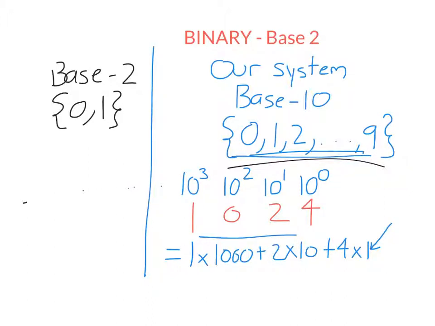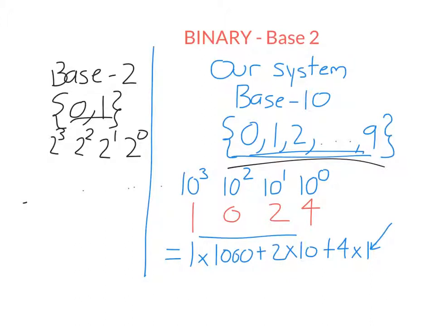But instead of having ones and then tens and then hundreds, we have ones, then the next column is twos, the next column is fours, and the next column is eights. We only use the symbols 0 and 1. We can't write a number in binary like that. That doesn't make sense. The only symbols that we use are 0 and 1.